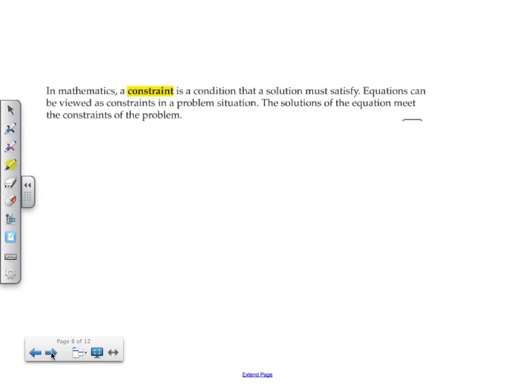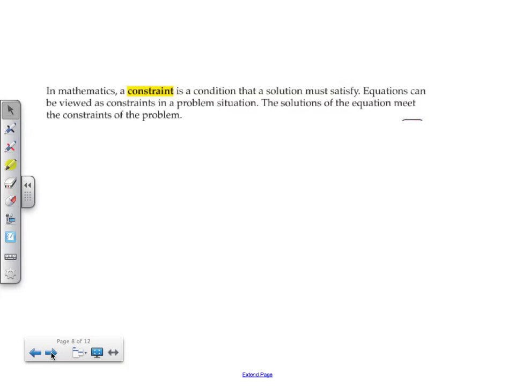Moving along, we're going to talk about some real-life problems. And when you hear the term constraint in math, it is just talking about a condition that's been applied to the situation. So a constraint is a condition that a solution must satisfy. So your parents might put certain constraints on you, right? They may say to you, you can go over to your friend's house as long as you are home by 9:30.